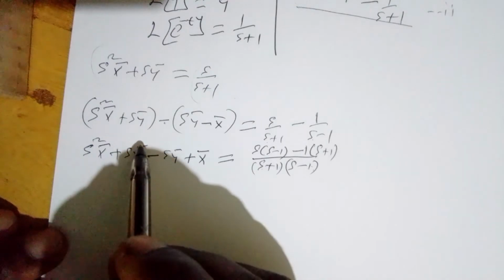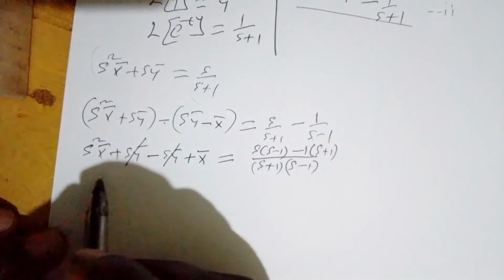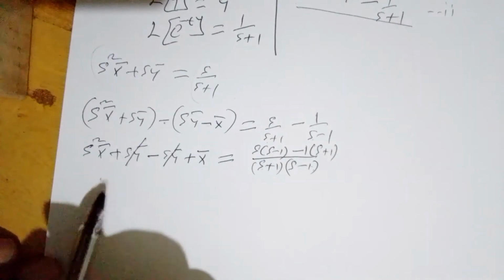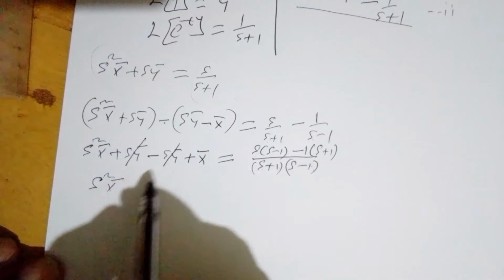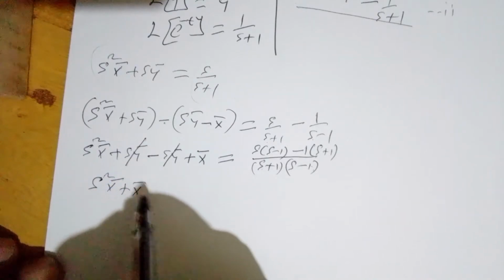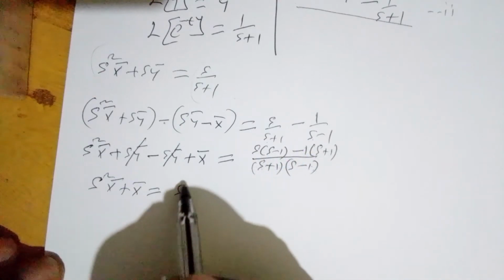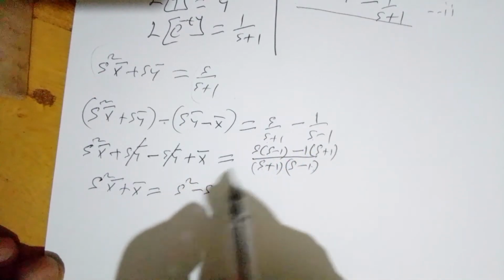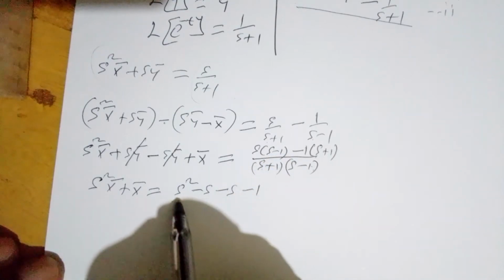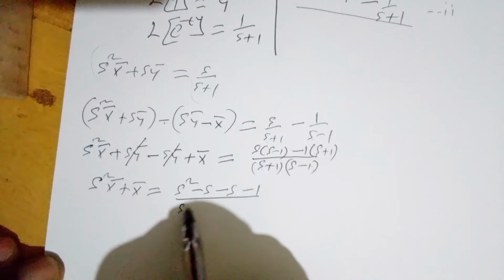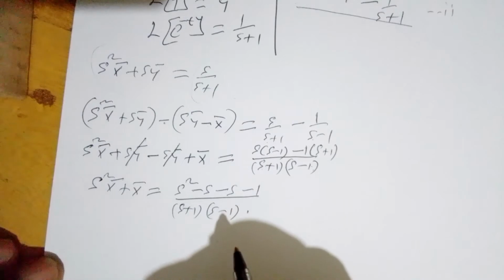On this side, this is positive, this is negative, so they cancel out. So we remain with s squared x bar plus x bar equals, now when you open up the bracket, s squared minus s minus 1 over s plus 1 times s minus 1.